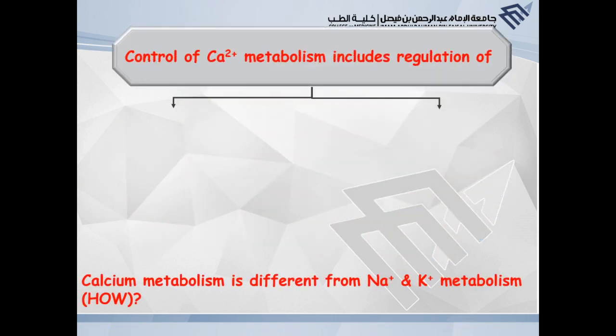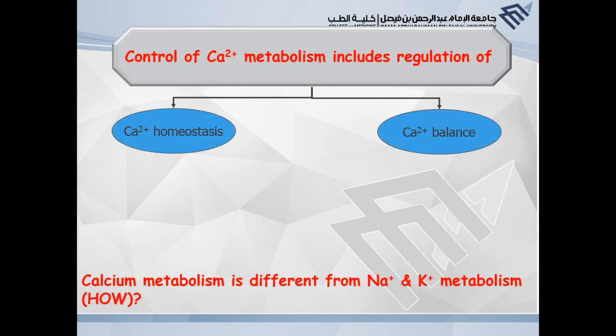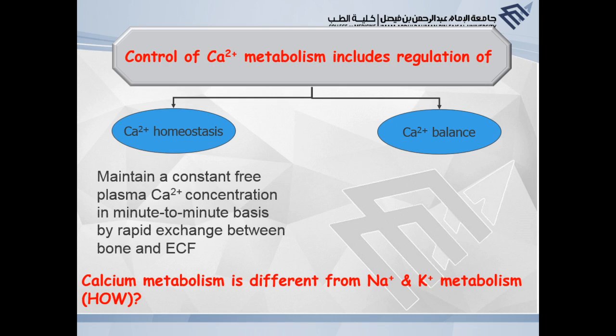In calcium metabolism, there are two terms, calcium homeostasis and calcium balance. When we say calcium homeostasis, we are referring to the regulation of the free form of calcium in the blood, and this is done on a minute-to-minute basis.